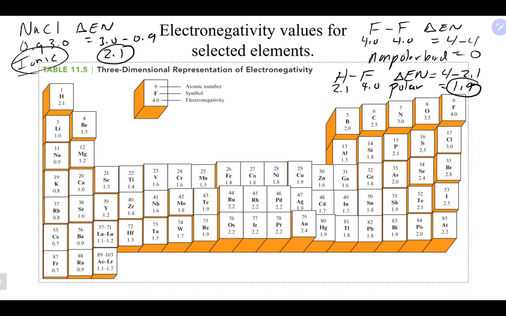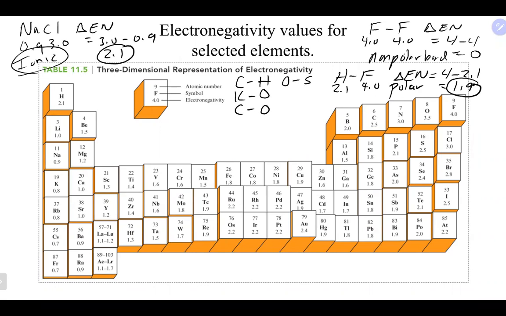Any questions on how to use that? So why don't you try a few? Determine whether it is ionic, polar, or nonpolar for carbon and hydrogen. Let's do potassium and oxygen. Let us do carbon and oxygen. Let's do sulfur and oxygen.